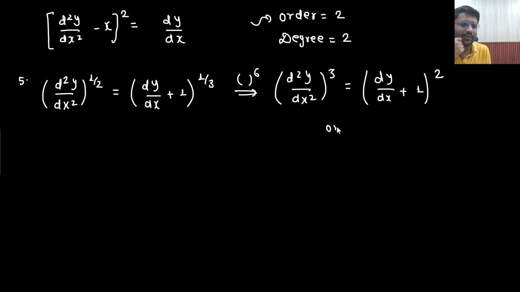So what is the order? Sir, it is maximum differentiated twice. What is the degree? Degree is 3. Why degree is 3? Because the power of maximum differentiation is 3.